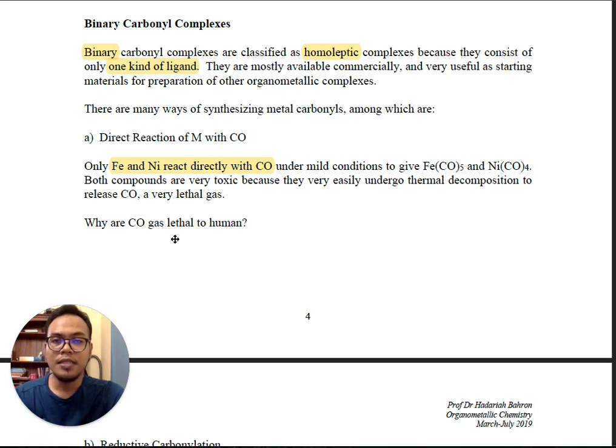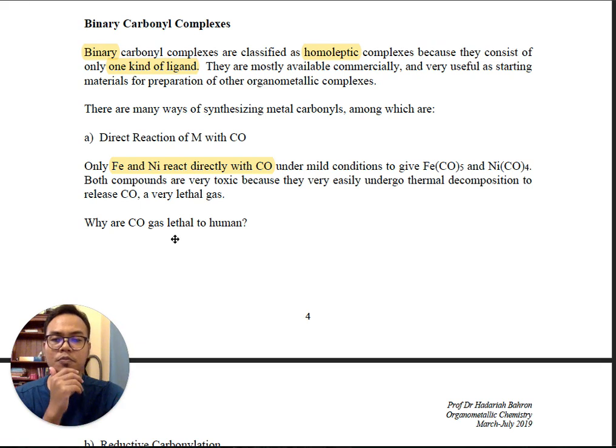Now, carbonyl complexes, we call it binary when only two entities are in the complex. For example, we have one type of metal and one type of ligand, so it is called binary. It doesn't have to be a complex to be a binary compound.